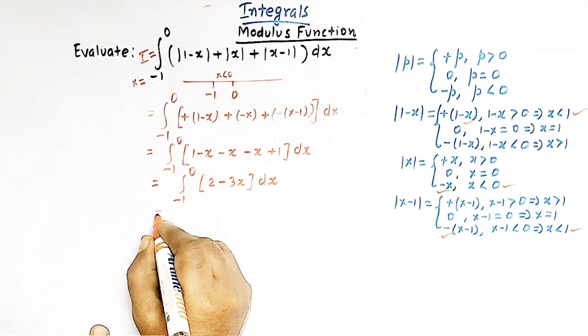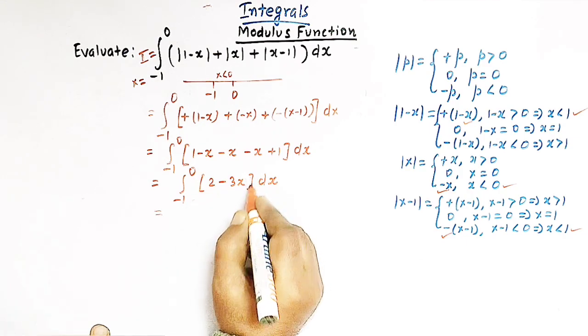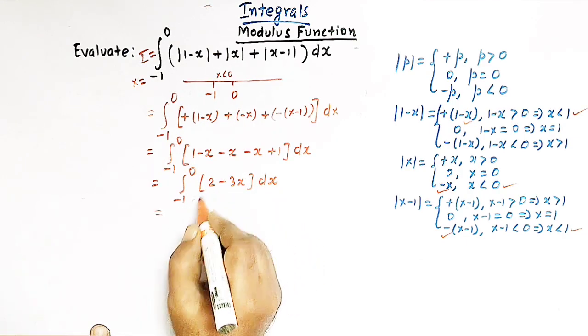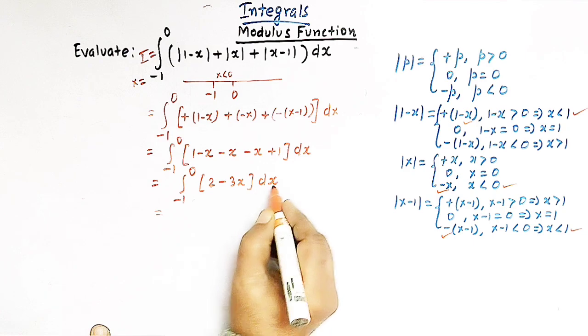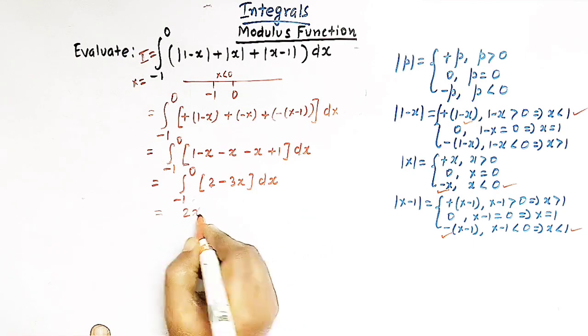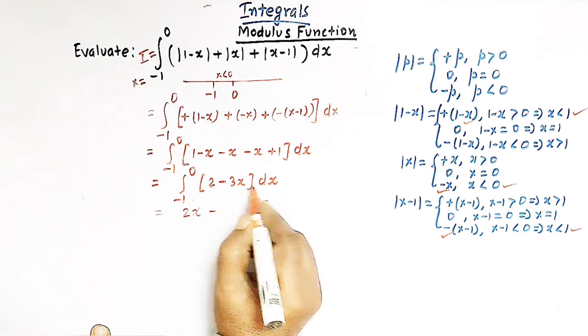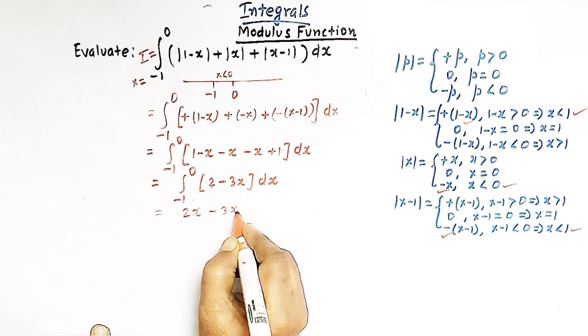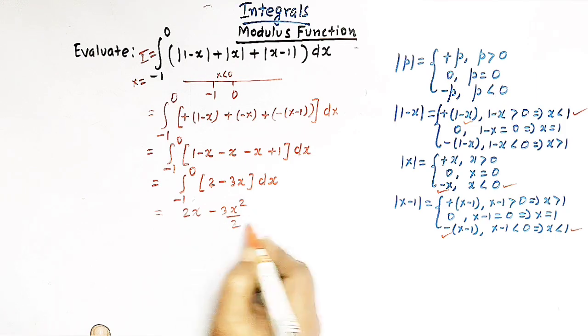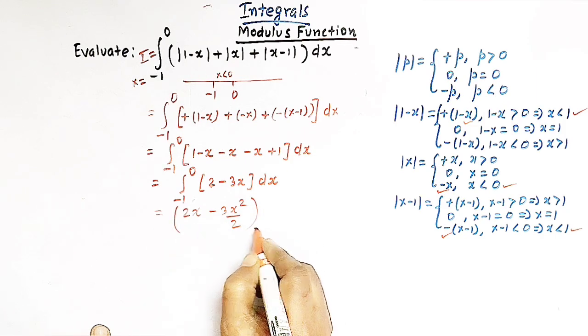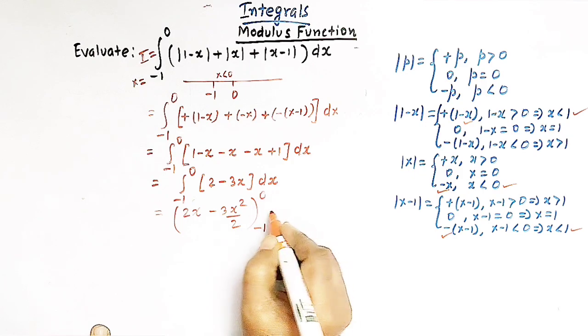So now we can integrate this linear expression. So integral of 2 dx is simply 2x, and the integral of 3x dx is simply 3x square over 2. And the limits of integration go from minus 1 to 0.